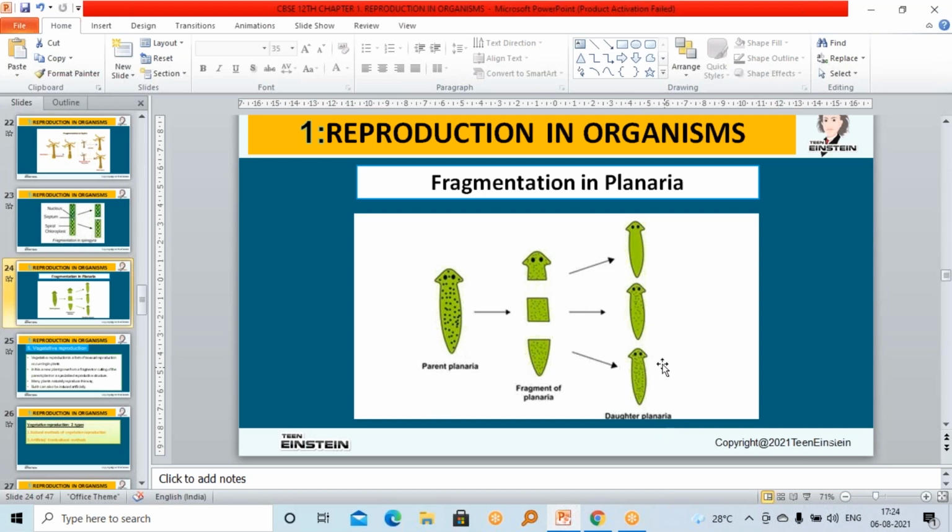Then the second method is the dropping tail method, spontaneous dropping of tails. In this, what is happening? This is also an asexual reproduction method. In spontaneous dropping of tail, in stagnant water, they will frequently drop their tail, and this tail will regenerate to form a complete organism.